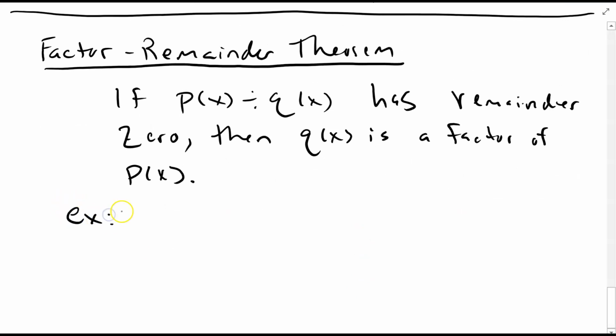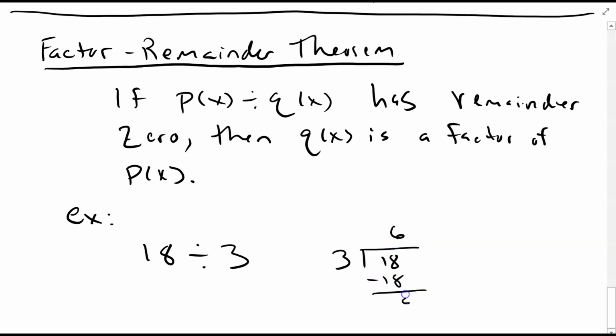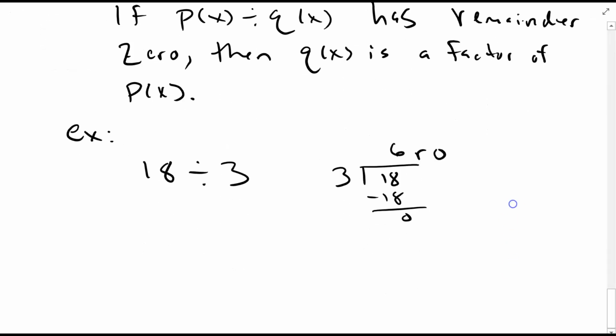So let's just do this intuitively with some numbers because it makes a ton of sense if we think about this numerically. Let's say 18 divided by 3. Well, if I do this long division style, I would get something like this, right? Everybody agree? So I know that 18 divided by 3 is equal to 6 with a remainder of 0.